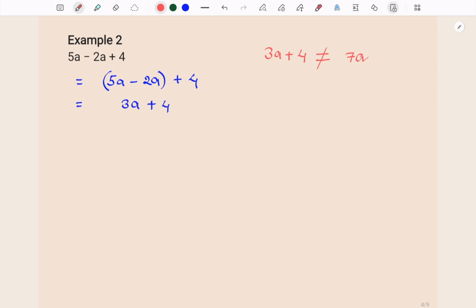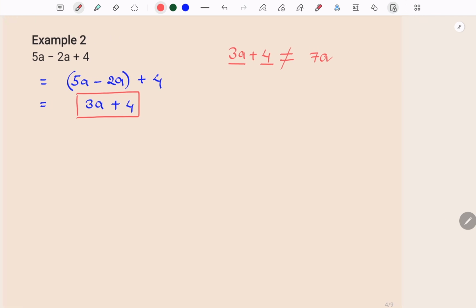That means we have like terms here. This one and this, these are not like terms because one of them is a constant. We cannot add them up. So the answer for this question will be 3a plus 4. Now let's move to the third example.